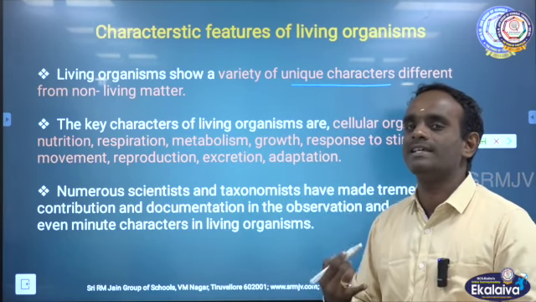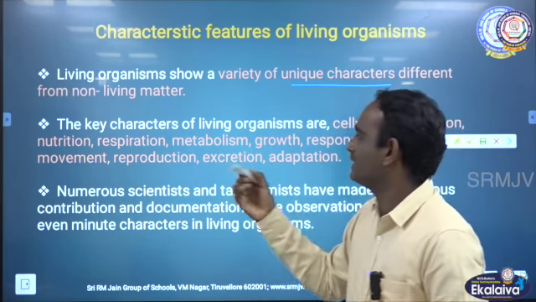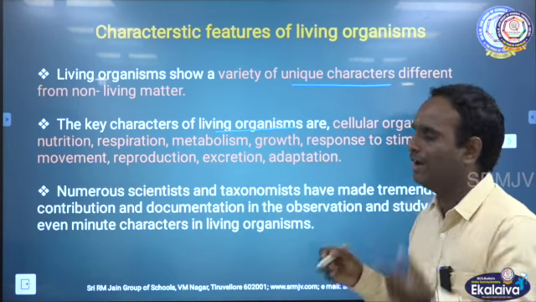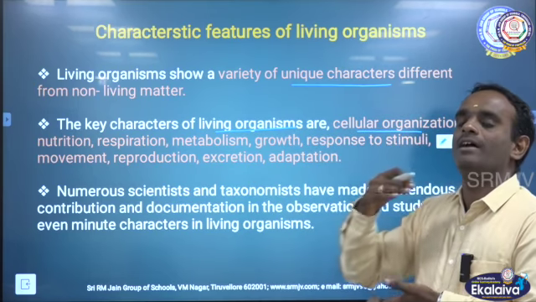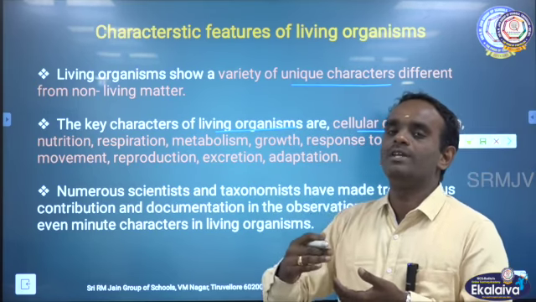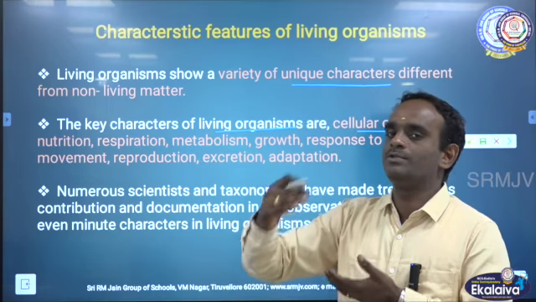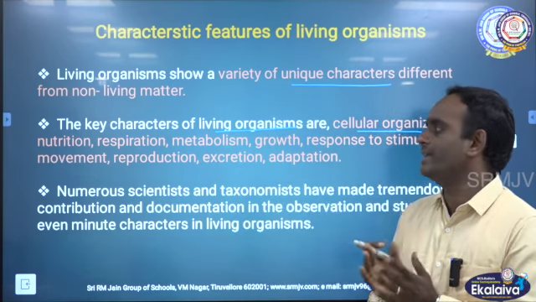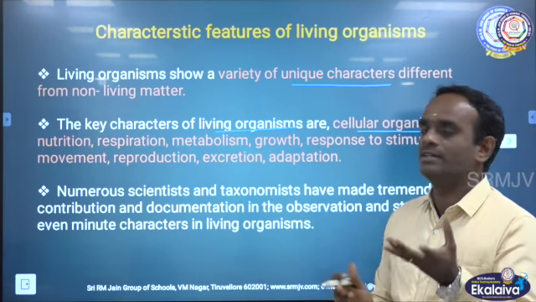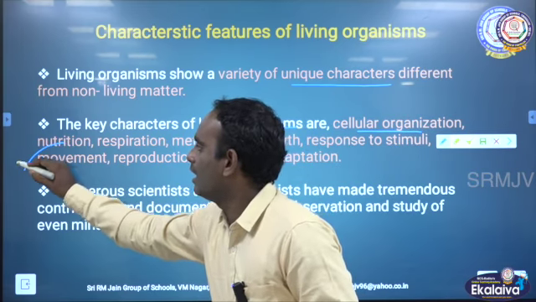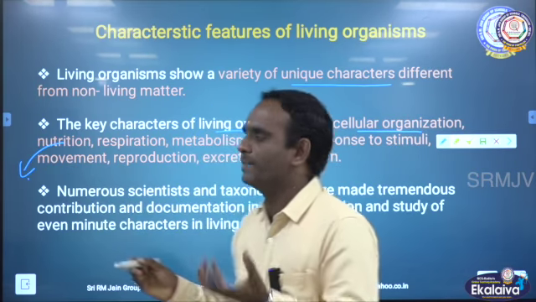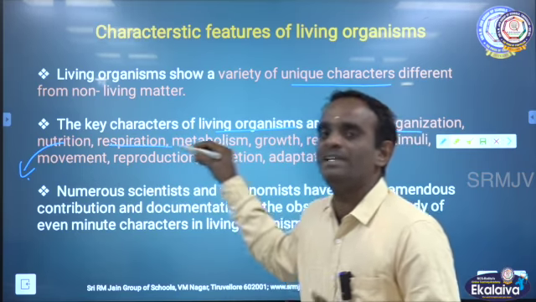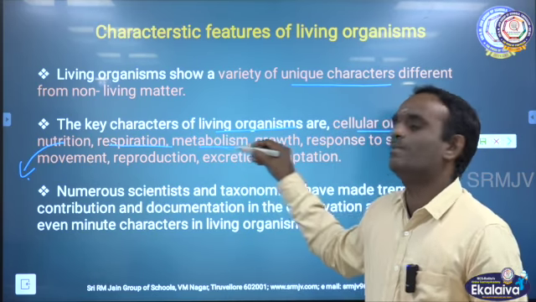The key characteristics of living organisms are cellular organization, that is cellular level, tissue level, organ system level; nutrition, in the sense autotrophic or heterotrophic; and then respiration, and then metabolism.